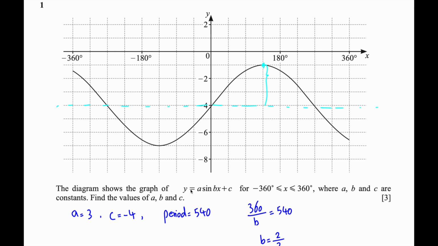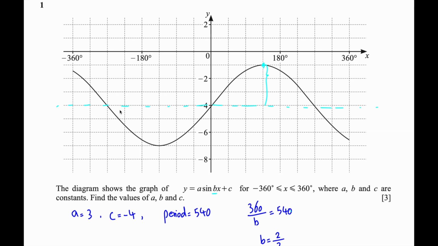Now lastly, it's down to finding the value of B. B is associated with the value of period, meaning if you take the period of a normal sine curve, which is 360, and divide it by B, the coefficient of x, it gives you the period of the curve that we have. Right now, the period of the curve in front of me is actually 540.